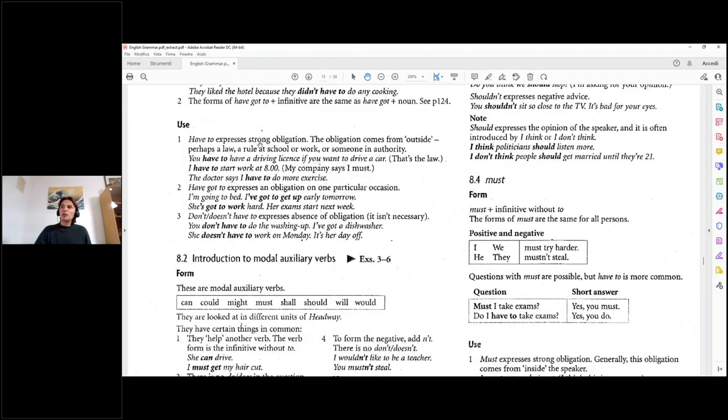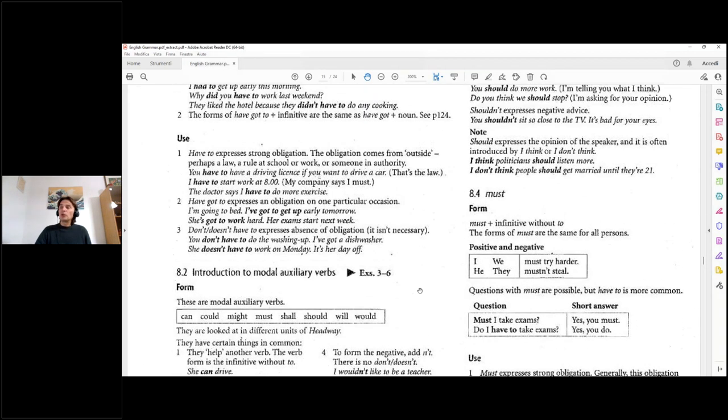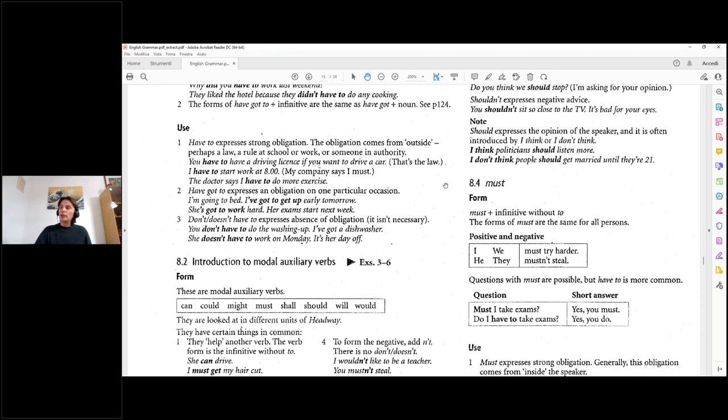Quindi have to expresses strong obligation, but the obligation comes from, oh sorry guys, my mistake. Quindi, pardon, vi ho detto una cosa errata. Allora, have to, the obligation comes from the outside. Allora, l'obbligazione viene dal di fuori con you have to.